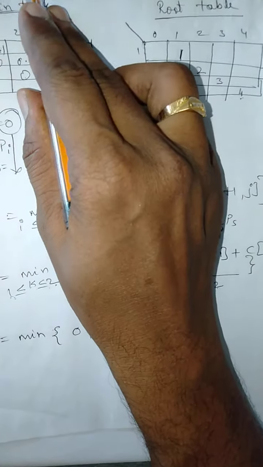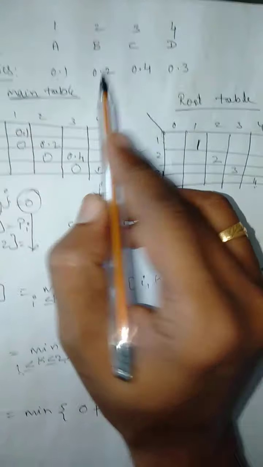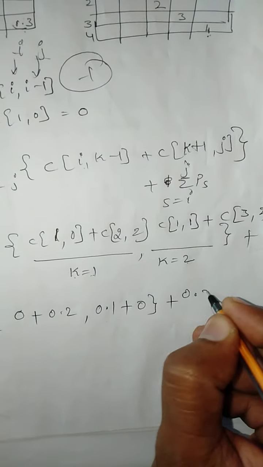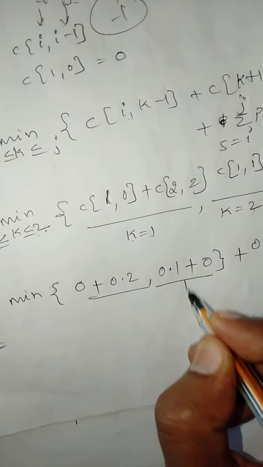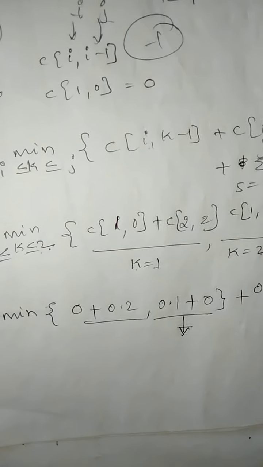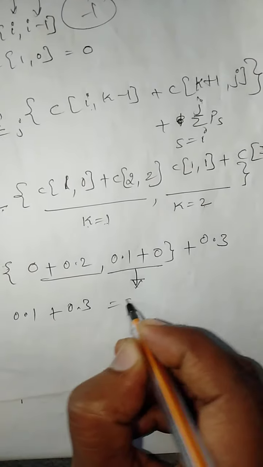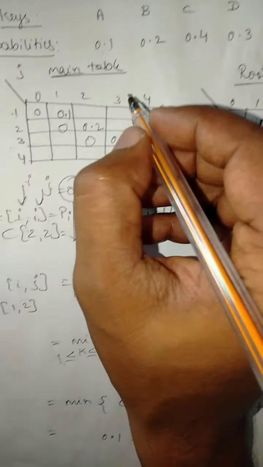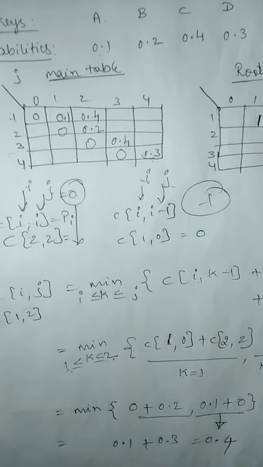From key 1 till key 2, what are the probabilities? 0.1 plus 0.2, so it is 0.3. So which is the minimum? It is 0.1, correct? Therefore it is 0.1 plus 0.3, how much? 0.4. So you have to fill up 0.4 for C of 1 comma 2.